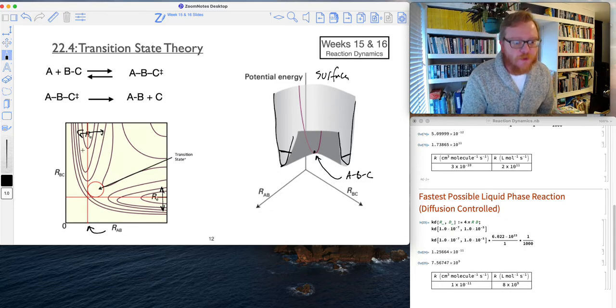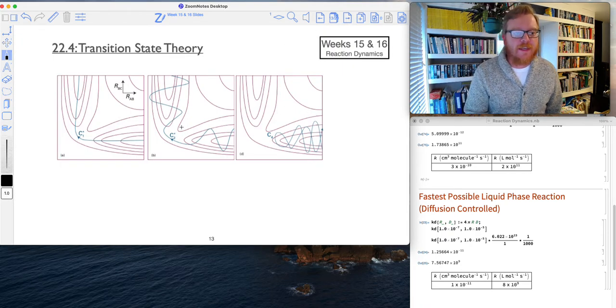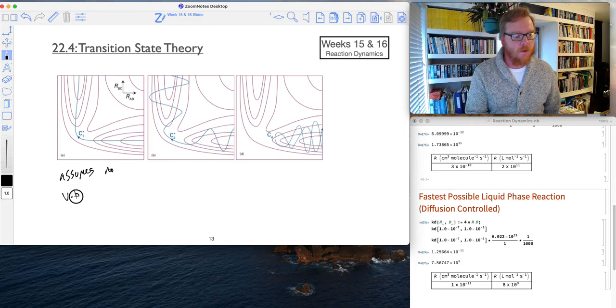So the molecule travels through some transition state, which is where we get this intermediate, okay? So we can look at these in this kind of dynamic way. So this picture right here assumes no vibrations.